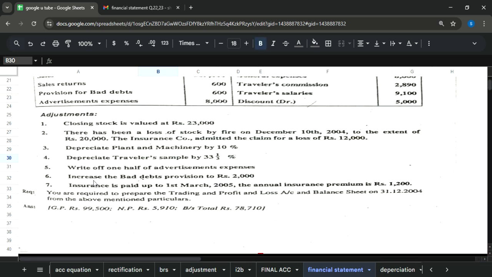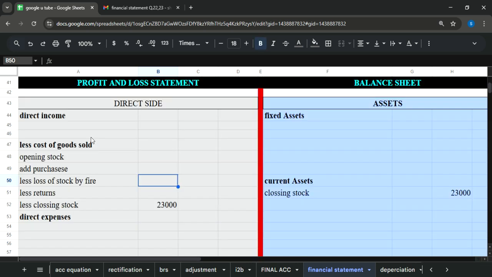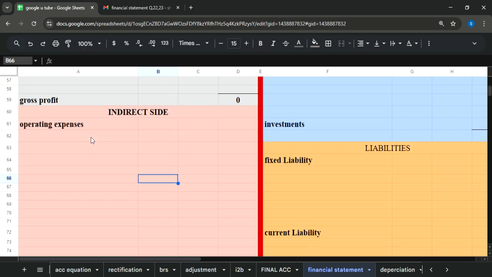So total loss of stock was 20,000, you will put over here. Next, you will go to operating expenses and mention loss of stock by fire, but you will write what actually happened. Total loss was 20,000, but out of which 12,000 you will receive from the insurance company. So actual loss is only 8,000.